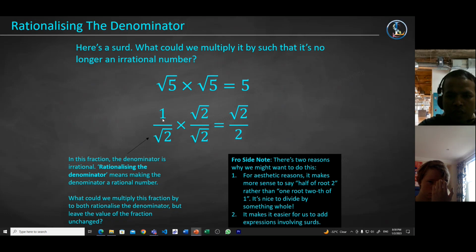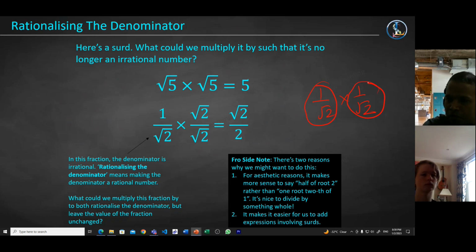If you want the denominator to be a rational number, you have to multiply by square root 2. But since this is a fraction, if you multiply by just this number, the value is going to change. We have to keep the fraction in the same ratio, right?